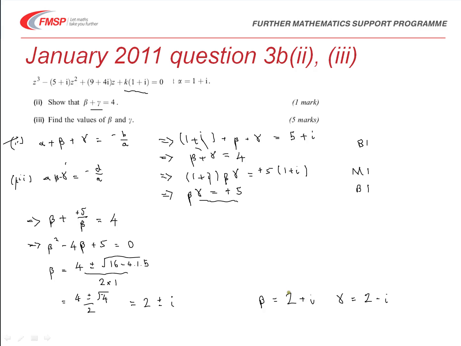Then again a method mark for then using the result in part 2 and that result for beta gamma to get this quadratic. And then a suitable quadratic then solved will give you 1 mark, and then obtaining the actual roots gives you your final mark.